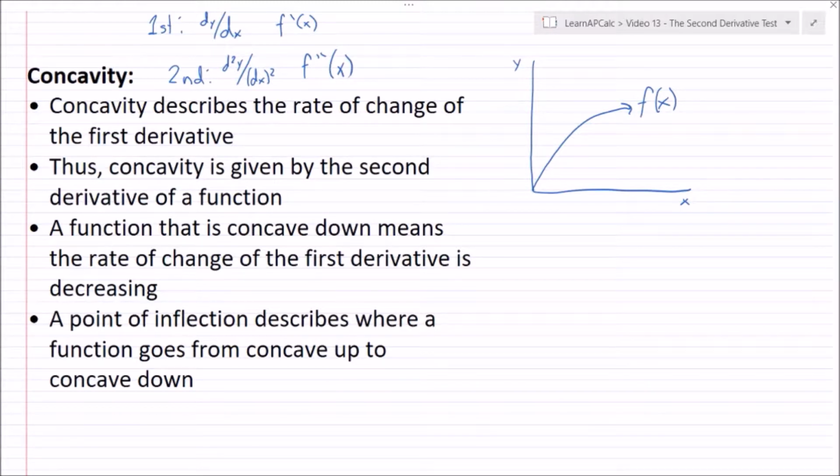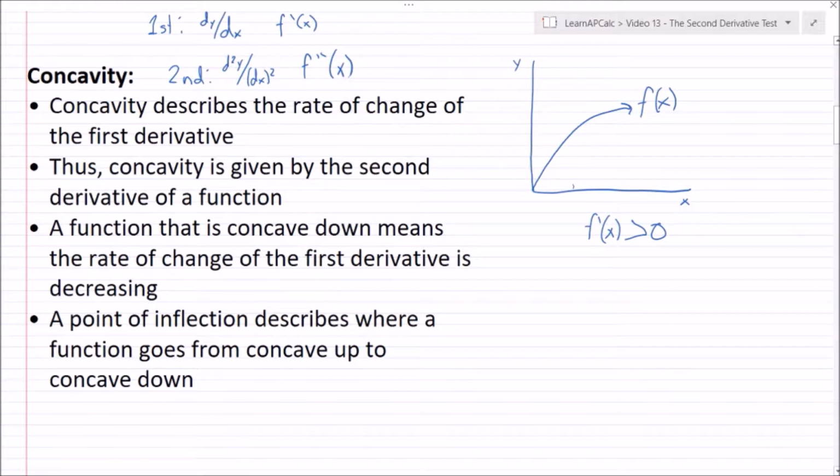Now a function that is concave down means that the rate of change of the first derivative is decreasing. So if you take a look back at this graph that I drew here, we can see that it's increasing. F prime of x is greater than 0. Now the rate at which I'm increasing is decreasing.